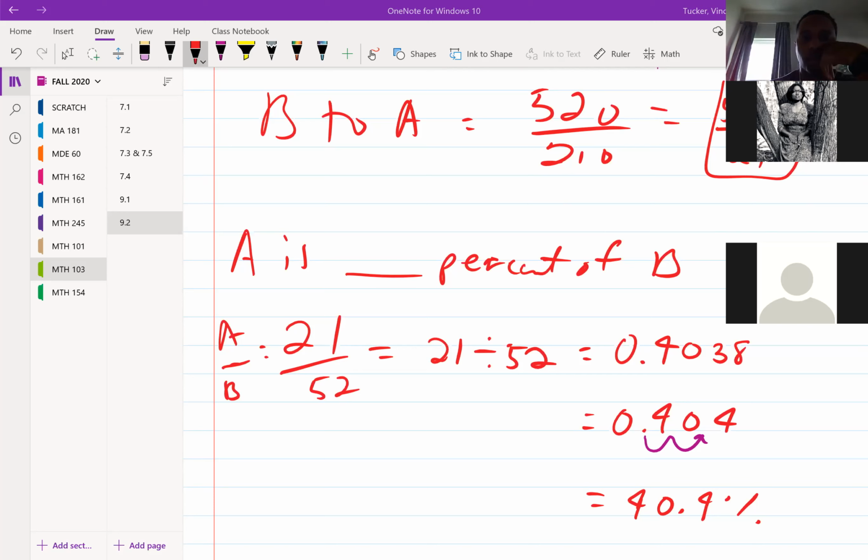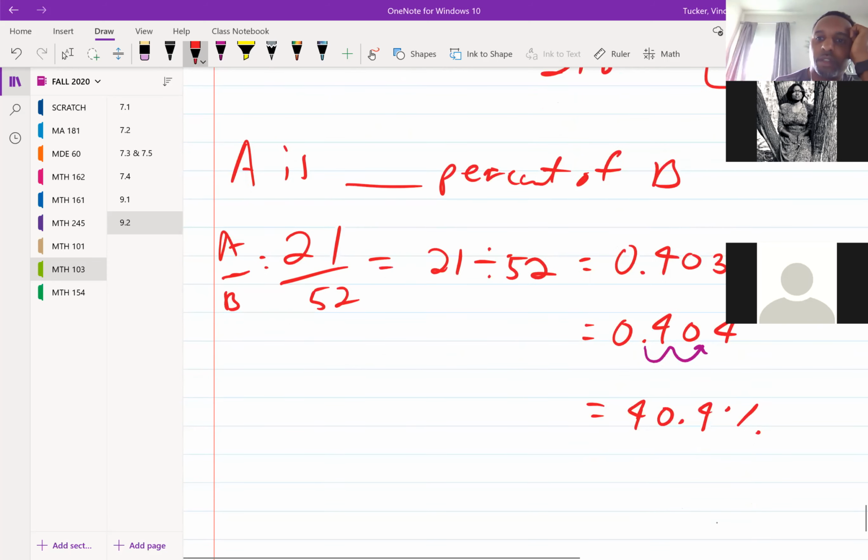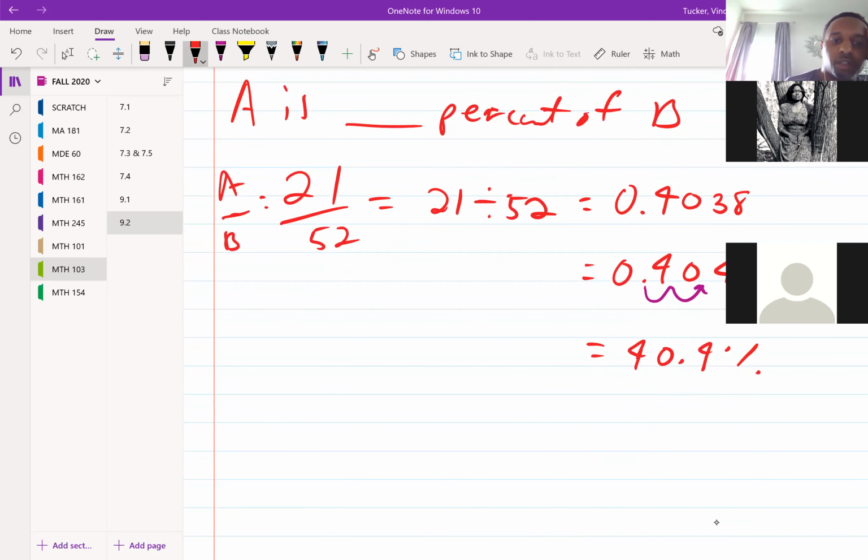Next couple of them still say write as a fraction, lowest terms. 3 to 3 3/5.